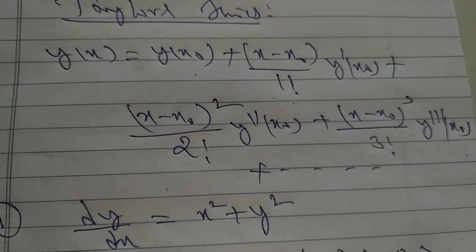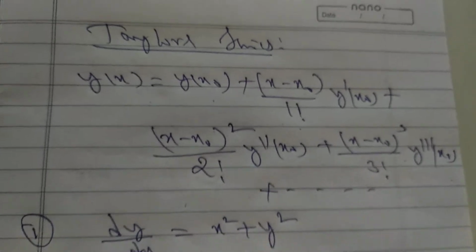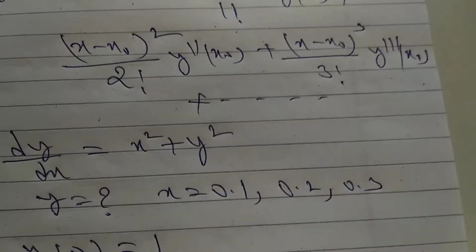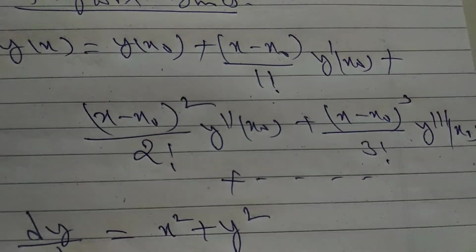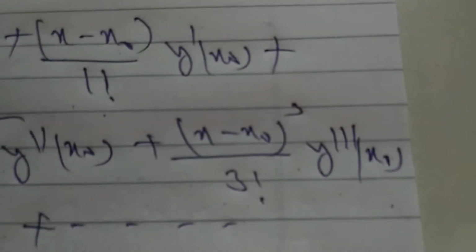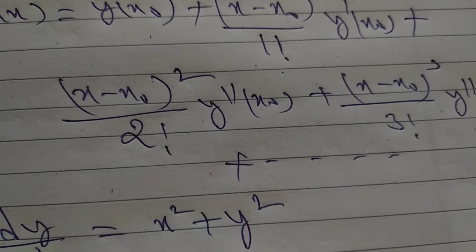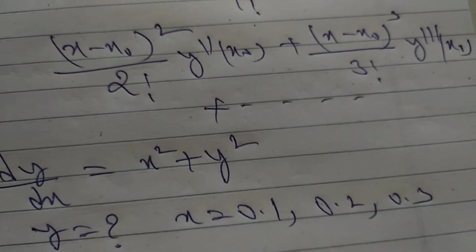So y of x is equal to y of x naught, which is y naught, and the value of y naught is 1. So 1 plus (x minus x naught), where x naught is 0, divided by 1 factorial, which is 1, into y dash of 0, plus (x minus x naught) whole square, so x square by 2 factorial, which is 2, into y double dash of x naught.